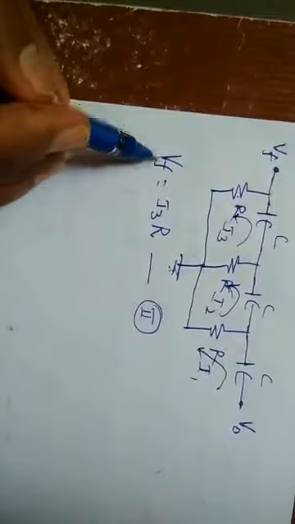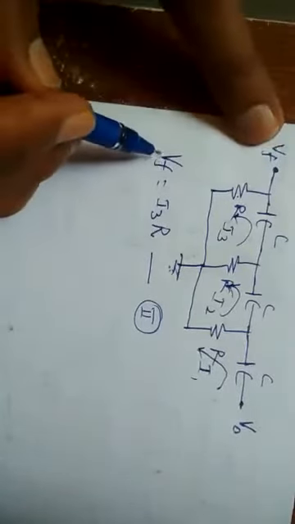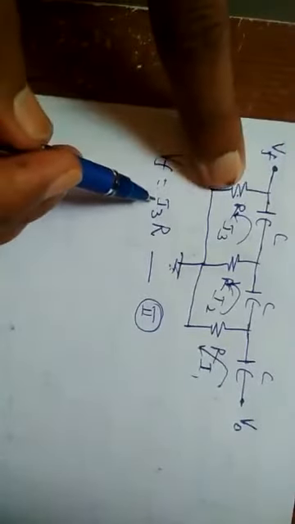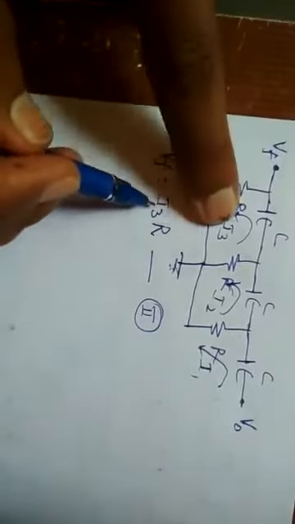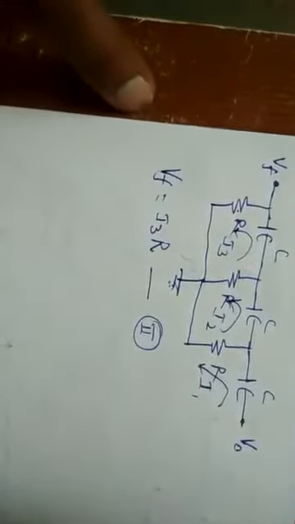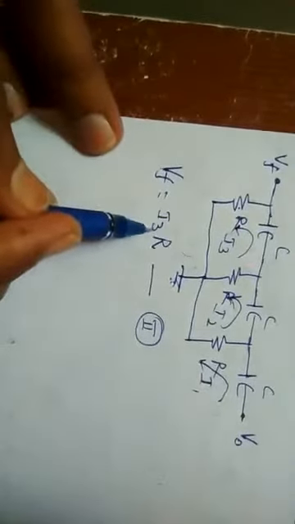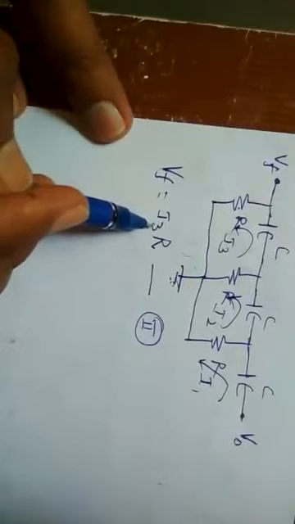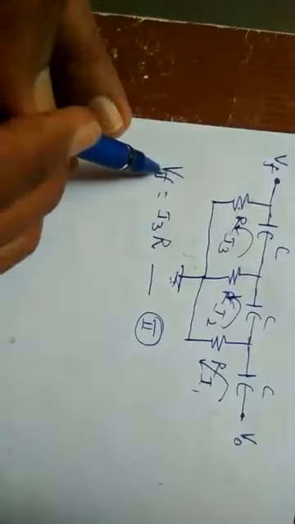So VF equals I3 into R. Ultimately our aim is to find this I3. If we are able to find I3, then with the help of R you can find VF.